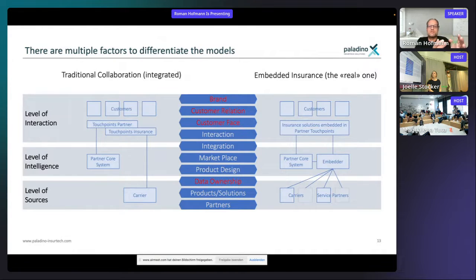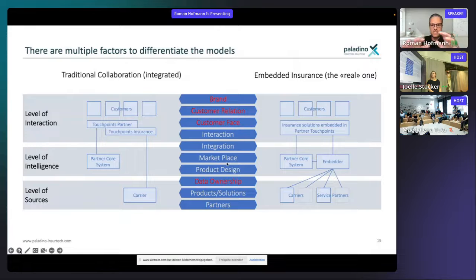It's just that you can buy the product in a different place. Embedded means that the brand is not that important, the brand of the carrier or the brand of the bank, and the process is already less important because it's integrated or embedded in the third-party world.